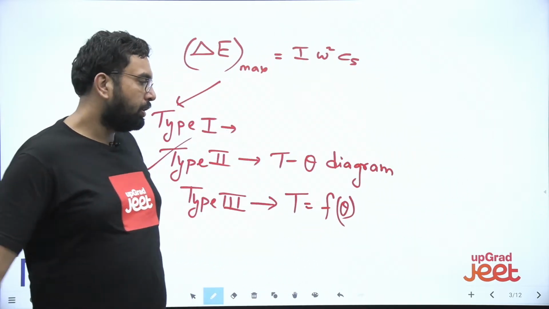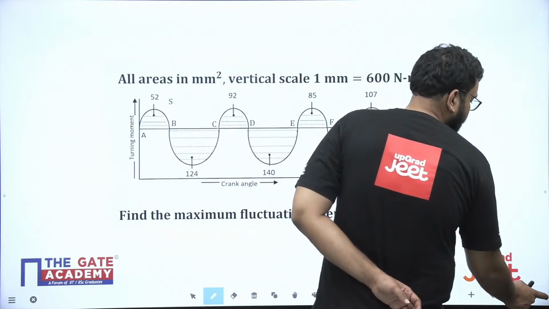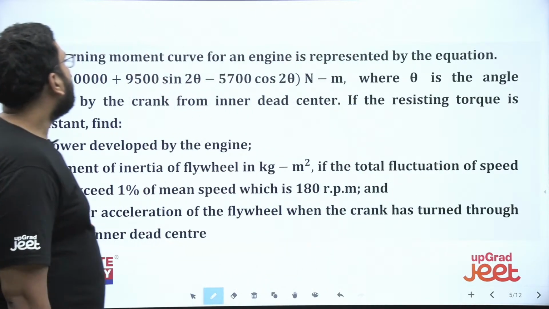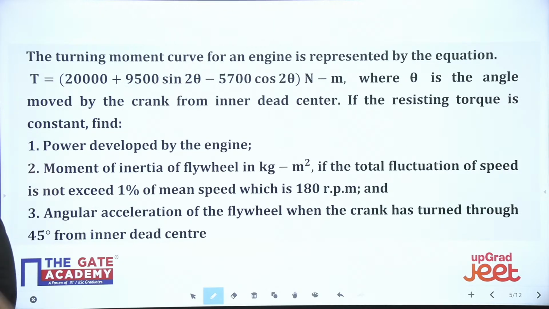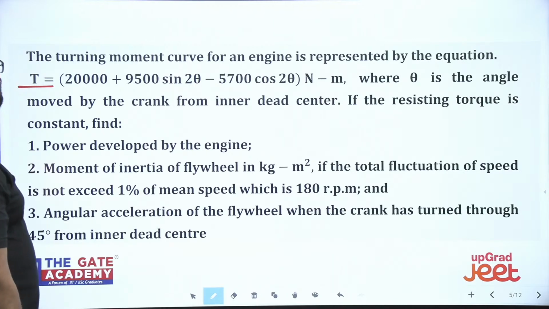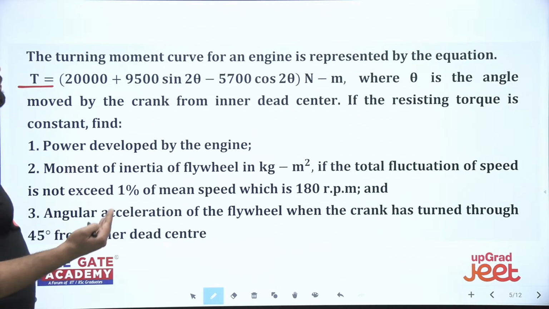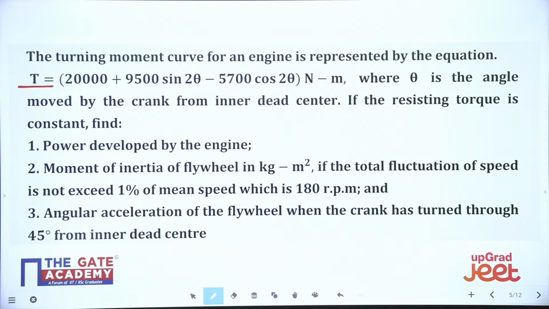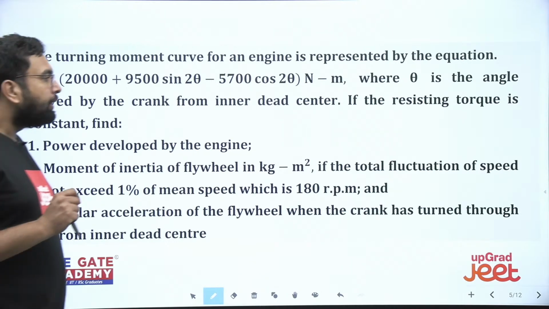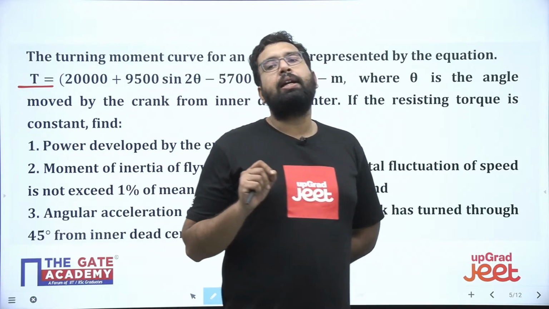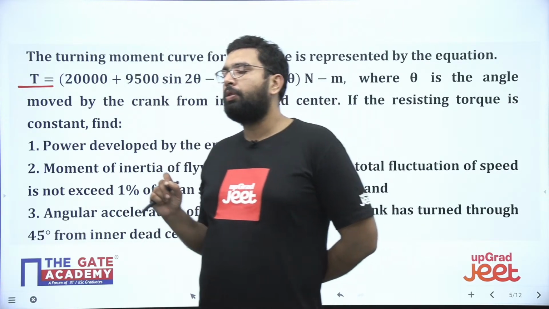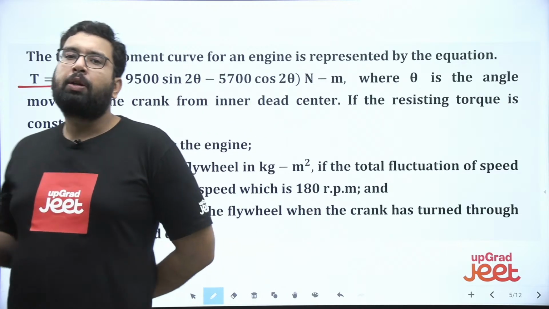So in some questions like this, we are given a function of T, so here T is given as a function of theta. Now in this kind of question, how can we approach and find delta E max? Once we find the delta E max, we are able to solve the question very easily, because it's just a matter of one more formula.